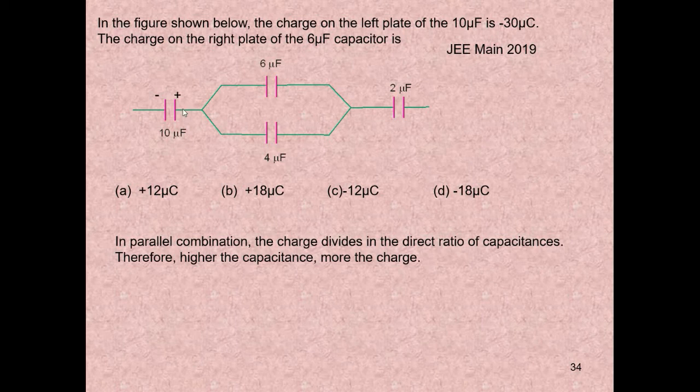In a capacitor, if one plate is negative, the other plate should be positive. When this is positive, this has to be negative, and when this is negative, this has to be positive, because the parallel combination is in series with this. Therefore, the charge on the right side plate of the 6 microfarad is positive, that is also 18. So plus 18 will be the answer.